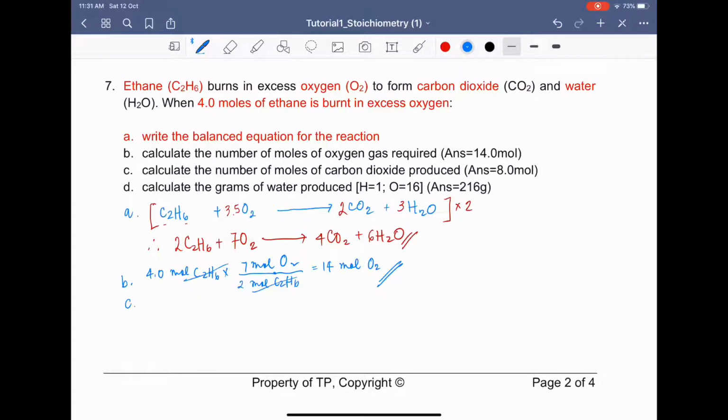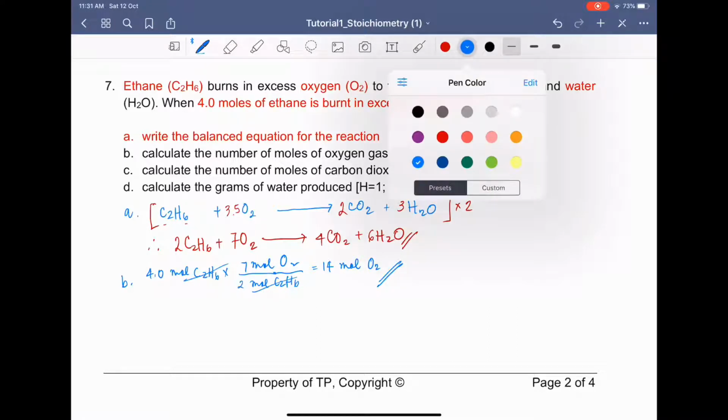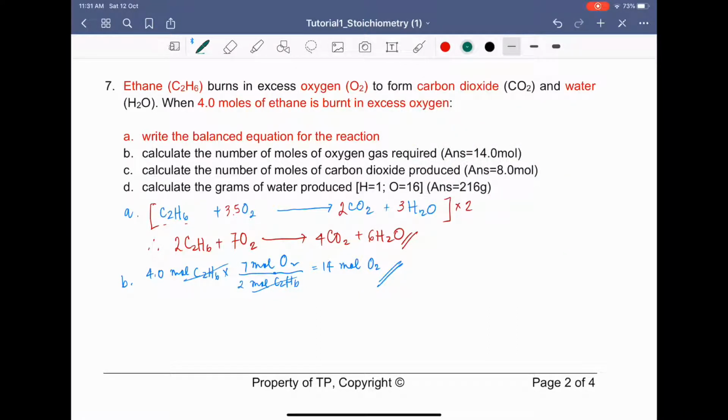And question C, calculate the number of moles of carbon dioxide produced. So we have 4 moles of ethane again. And then how many moles of, wait, let me use a different color.